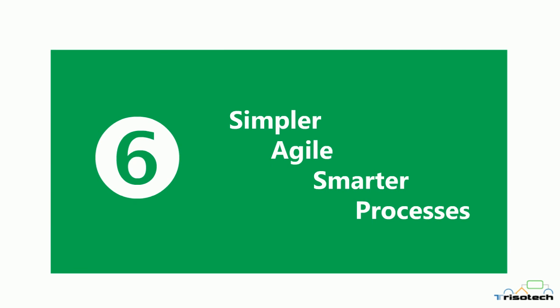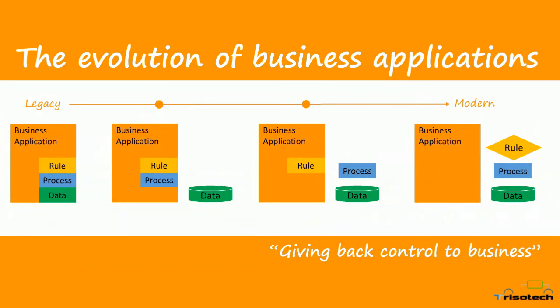So our goal as an organization is really to figure out simpler, more agile, smarter processes that we can use to address the changing behavior of our customers, while bringing efficiency in how we get things done. Through the years, we've seen an evolution on how we create new applications and how we interact with our customer.